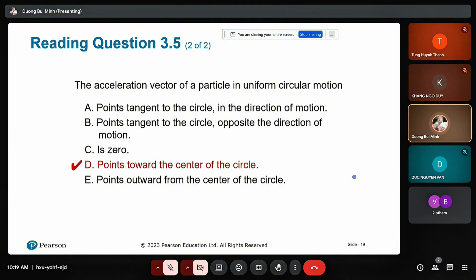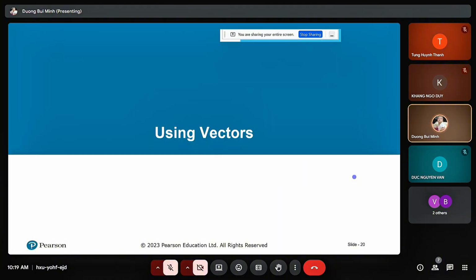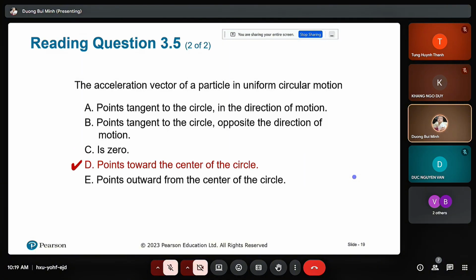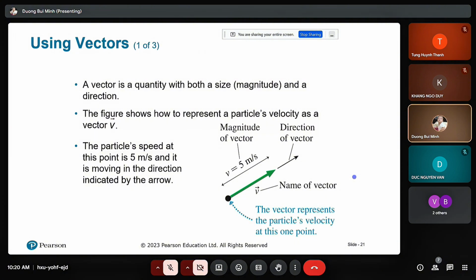And we have some rethinking questions. Now, if we use vectors, we can explain the earlier questions. Of course, every vector has a magnitude and a direction.